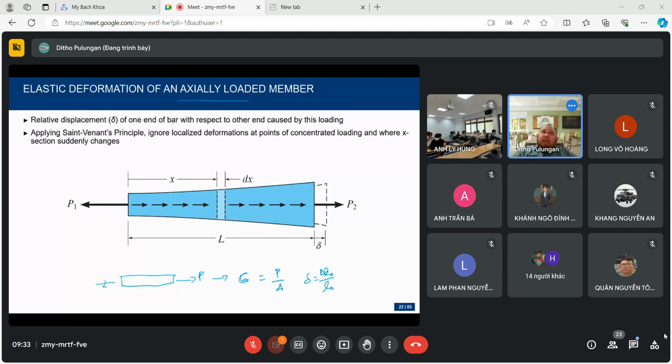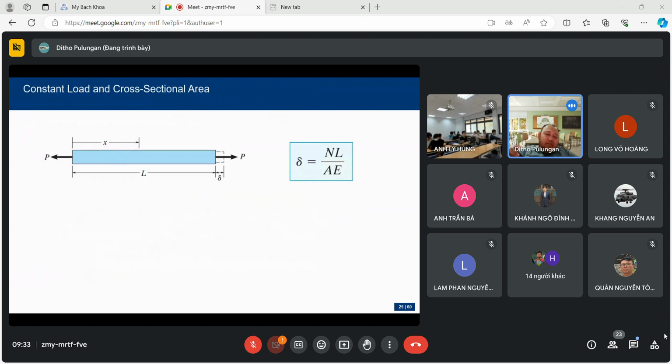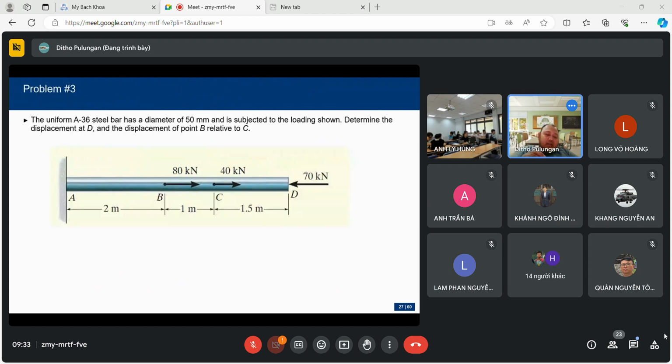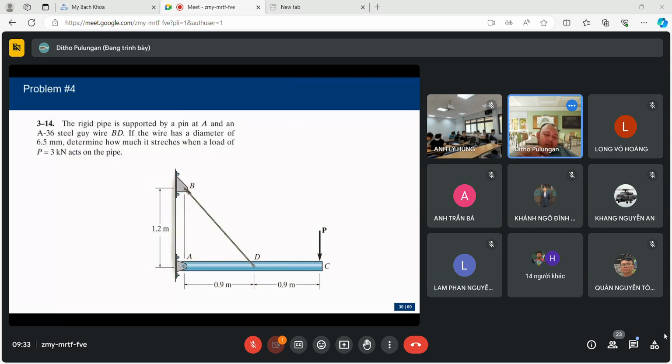Next week, we will learn how to calculate the displacement, the delta, for a bar like this. We will see several problems and try to solve the one that I just showed you. You need to know the basics of displacement of an axially loaded bar.